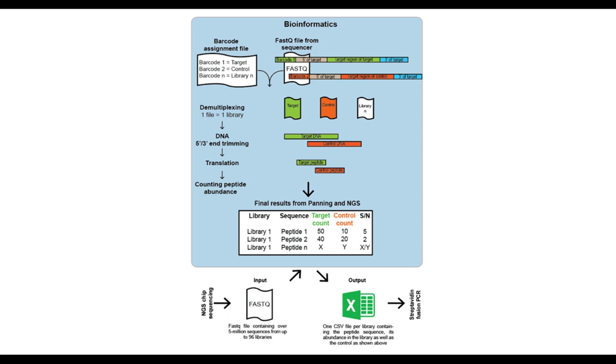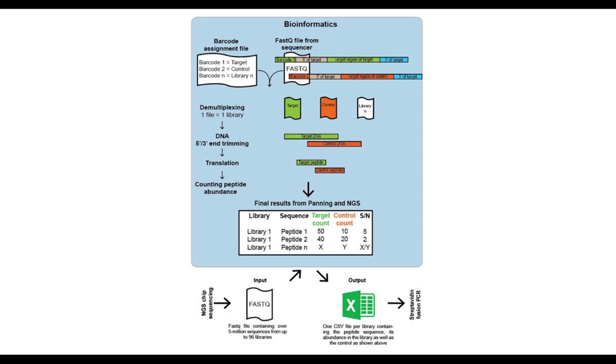Then we take each peptide sequence and count how many times we find it in the target library and how many times in the control library. From that, we can calculate a signal-to-noise ratio. So this means we don't have to do any phage ELISA anymore, because this is already our signal-to-noise ratio, and this works really nicely.